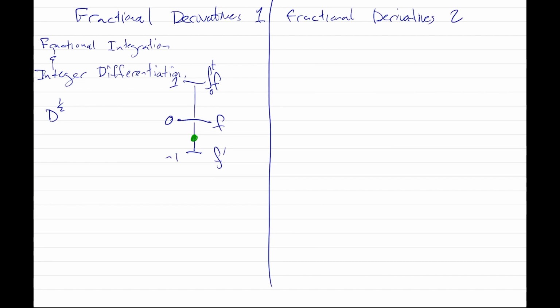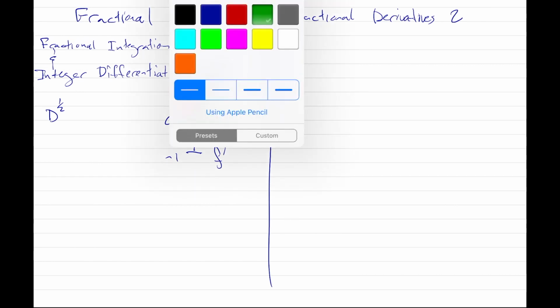I can start at f, and first integrate up to, say, 1/2. Afterwards, I can do one full differentiation, which gets me down to here. Right? And so this takes me to -1/2. That's one approach.